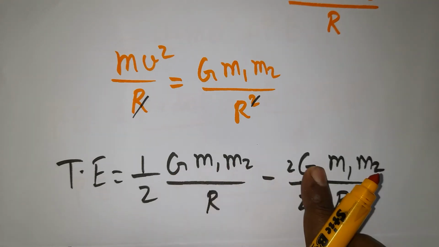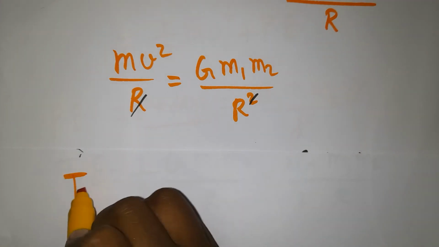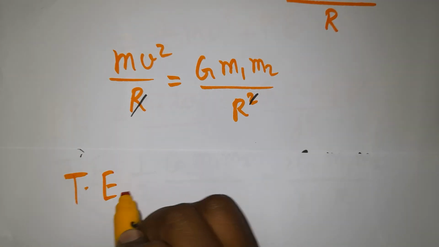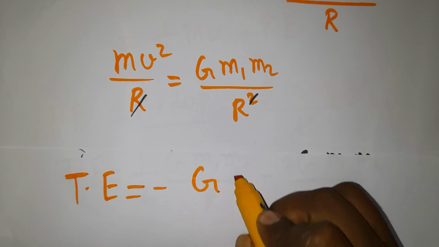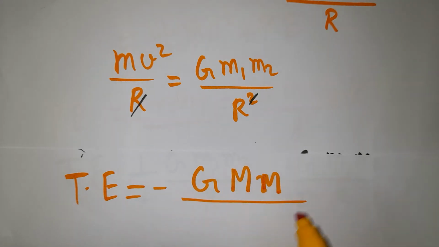Here x minus 2x gives minus x. So total energy is minus G times mass of the earth, mass of the second object m, divided by 2 times the radius of the earth. It is the orbital radius also.